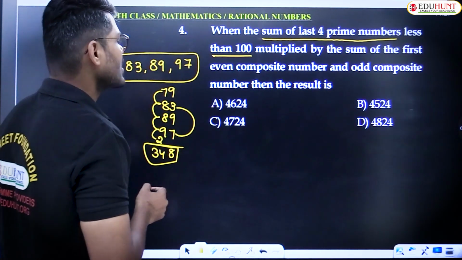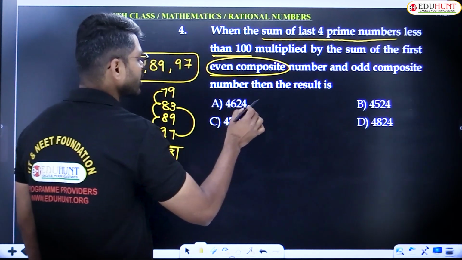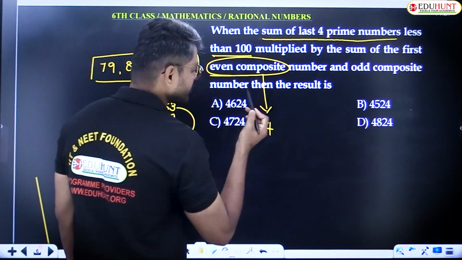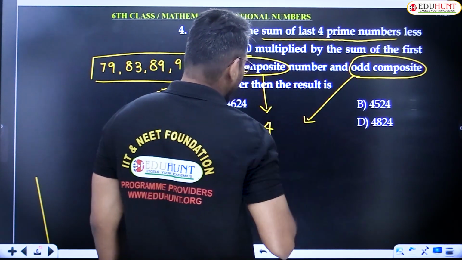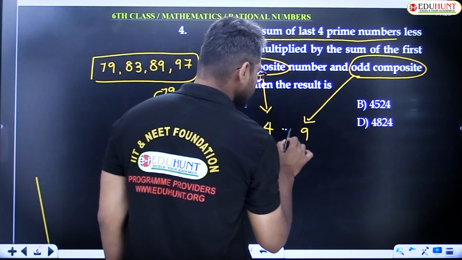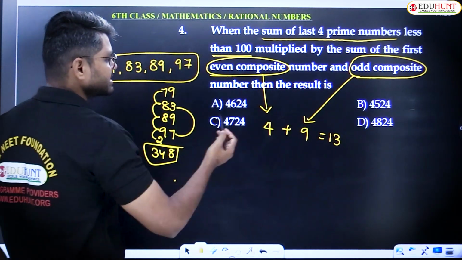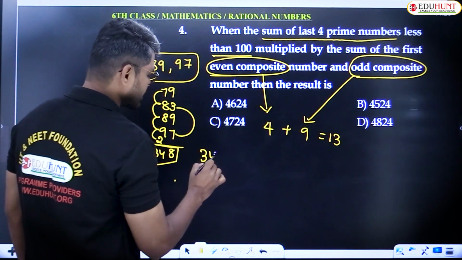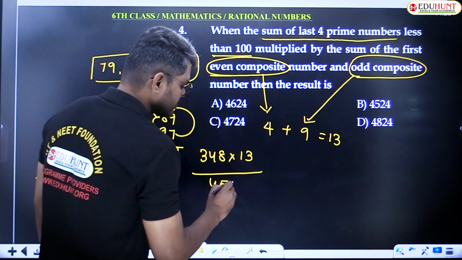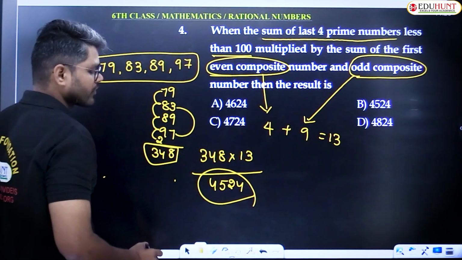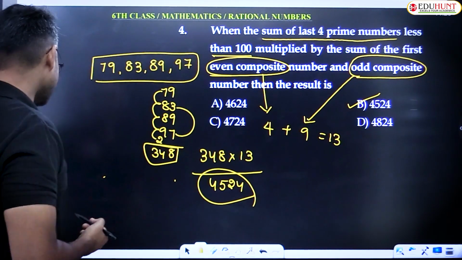Multiplied by the sum of the first even composite number, that is 4, and the first odd composite number, which is 9. The sum is 13. We should multiply these two numbers, so the result will be 348 into 13, that is 4524. Option B is the correct answer for this question. Let's see the next one.